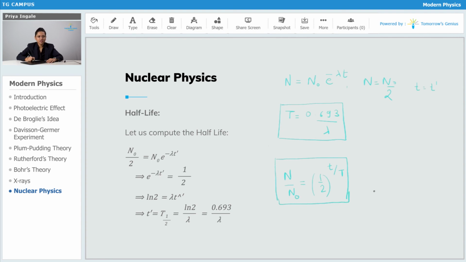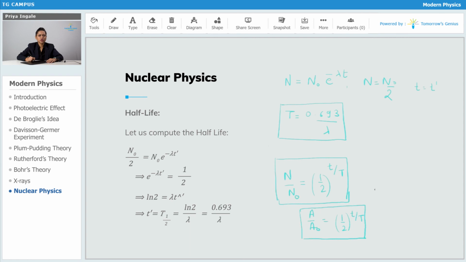Also you can replace the number of nuclei with activity, right? So activity A by A naught is equal to 1 by 2 to the power t by capital T. From the entrance exam point of view, the shortcuts are very important, right? We will also discuss a numerical on the basis of this formula. So this formula needs to be learned. Also you can replace this N with N2 and N naught with N1, right?